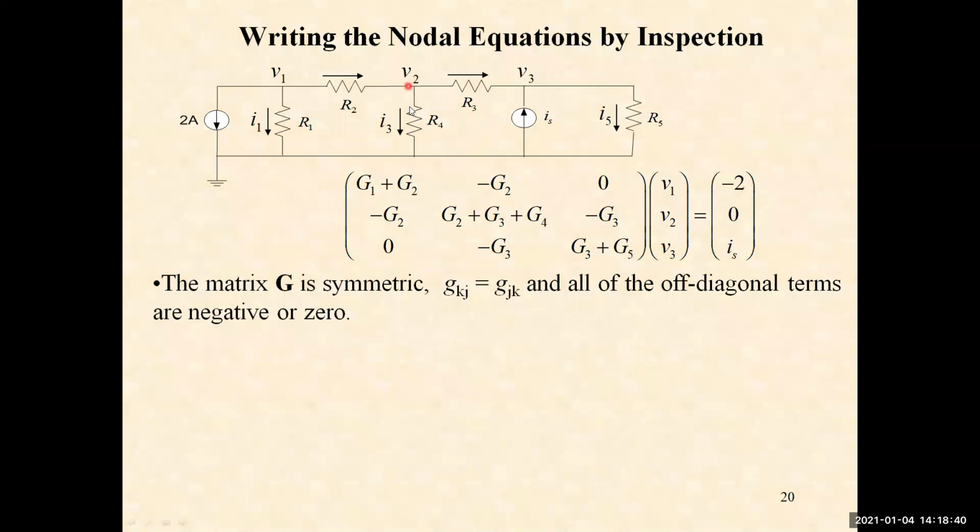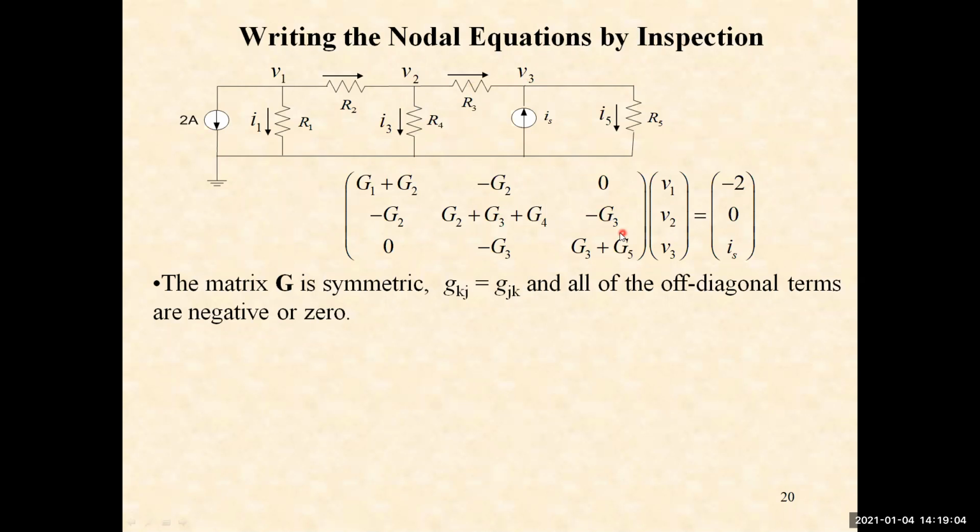Similarly, 2,1: one element is connected, that is R2, 1 by R2, nothing but minus G2. It's clear? And then 2,2: what are the elements? This terminal, this element, this element. That means G2, G4, G3. Then 2,3: one element, R3.